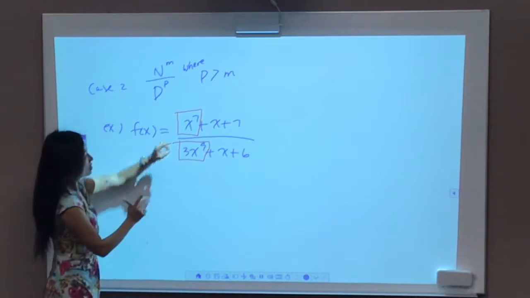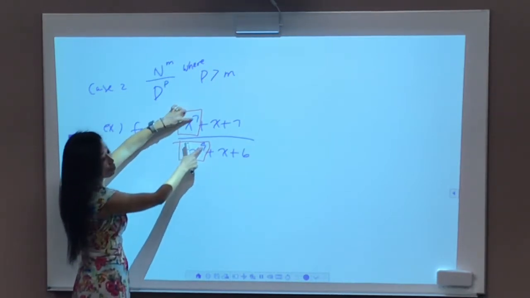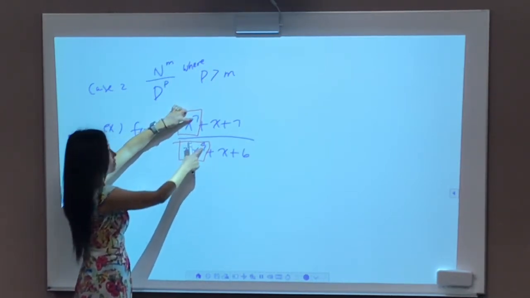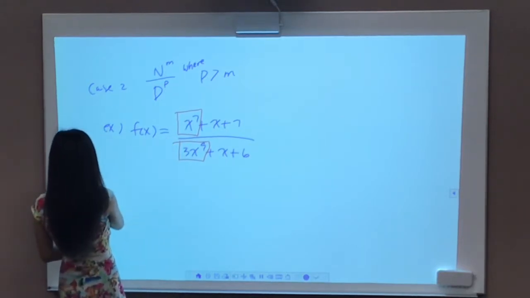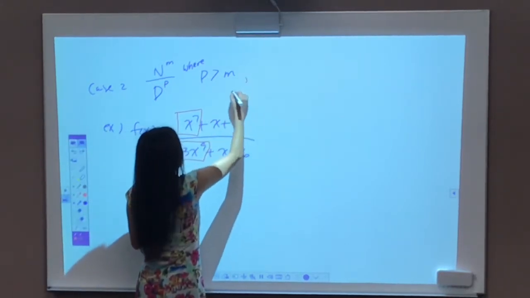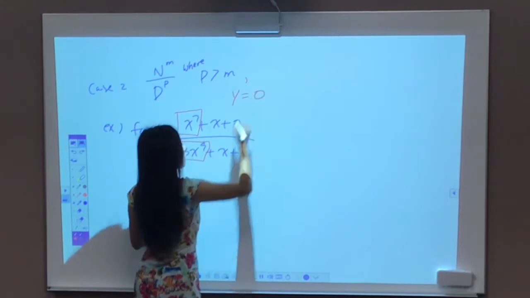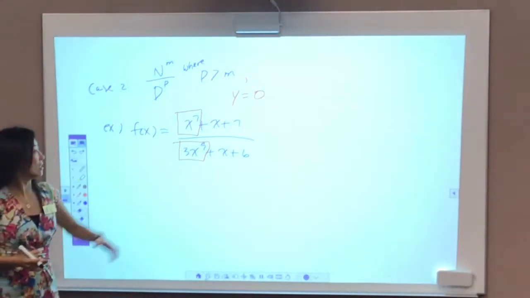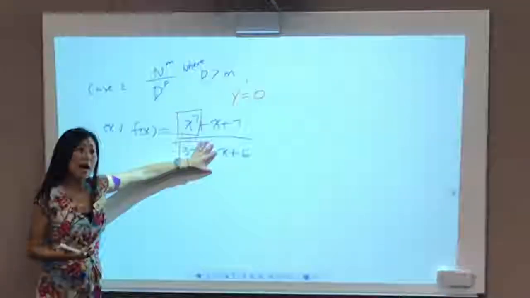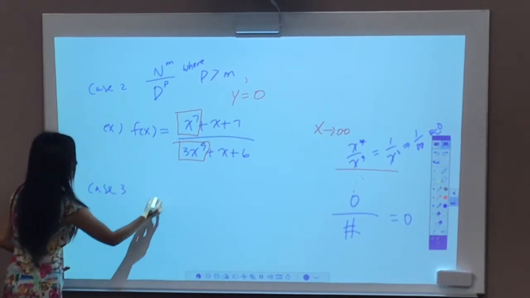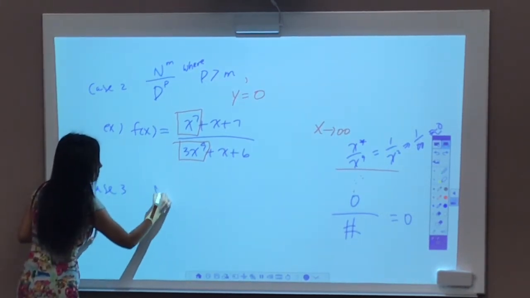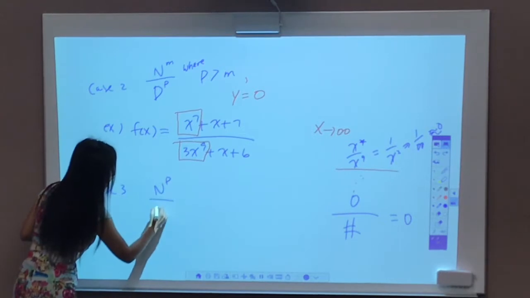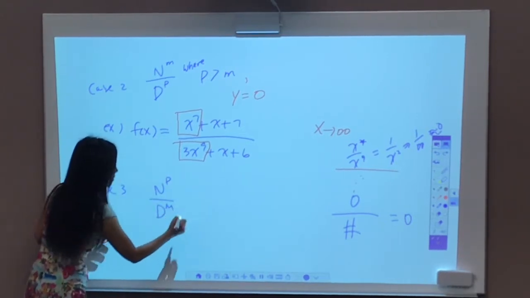In that case, the horizontal asymptote is 0. Why? Because the denominator has more power, so a big number divided by a smaller number gets closer to 0.